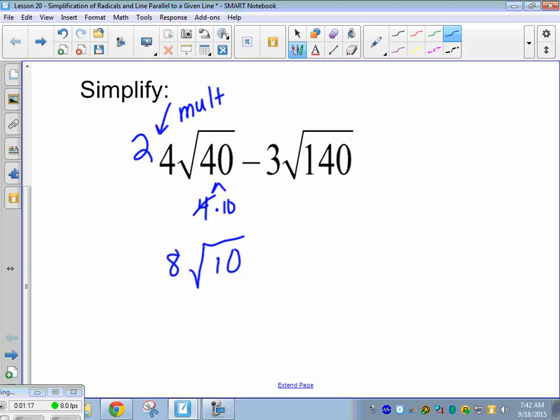All right, now I have 140. Well, let's just start with 14 times 10. Neither of those are perfect square numbers, but let's go again here. I have 7 times 2 for 14, and I have 5 times 2 for 10.